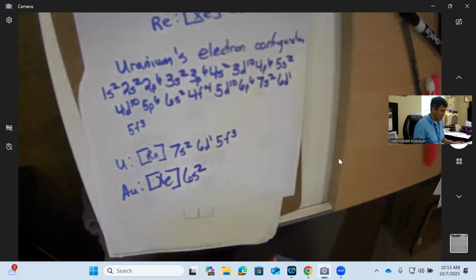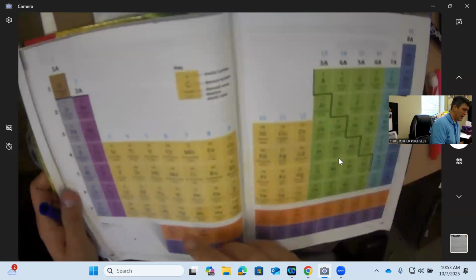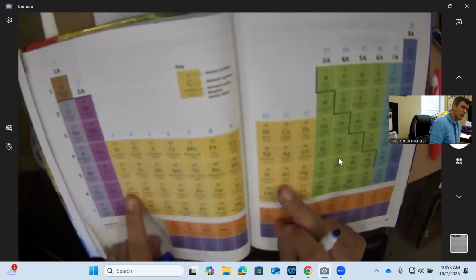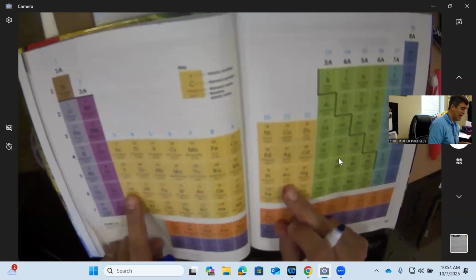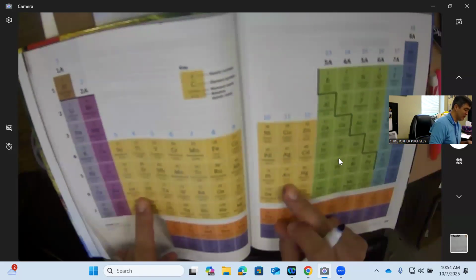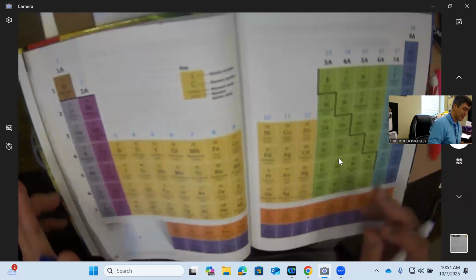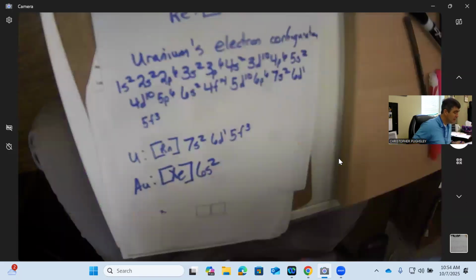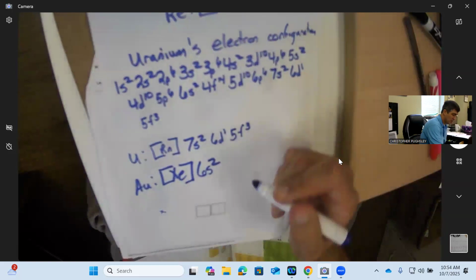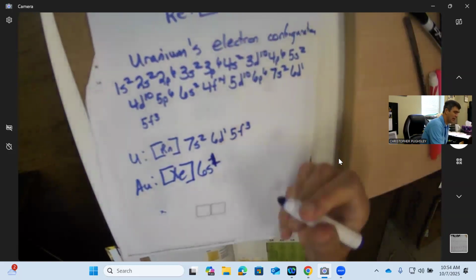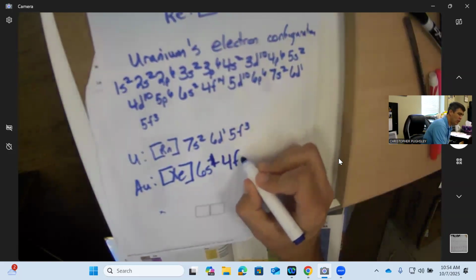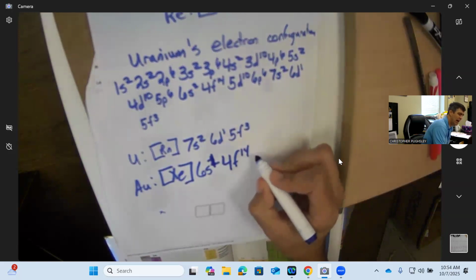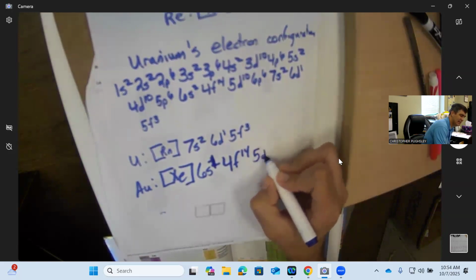All right. And then before I do all the ones all the way next to gold, you're going to actually say there's a problem. I did 6s2. It's actually not going to be 6s2. It's going to be 6s1, 4f14, 5d10.